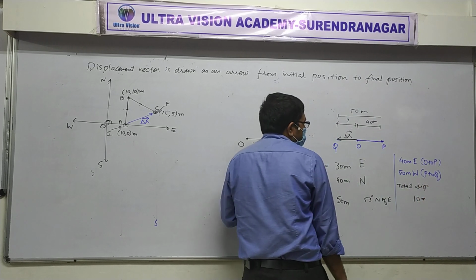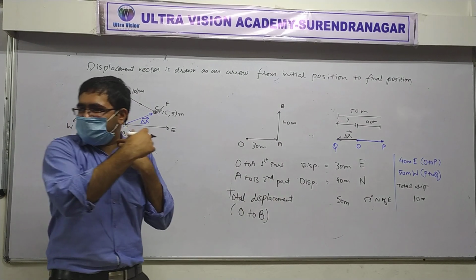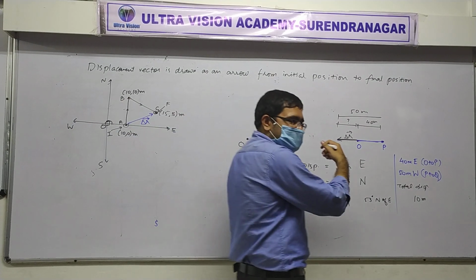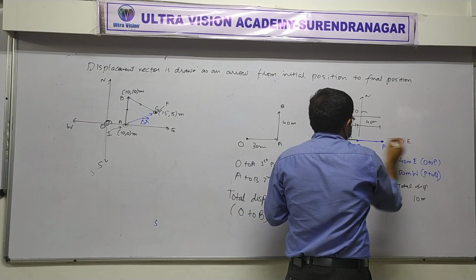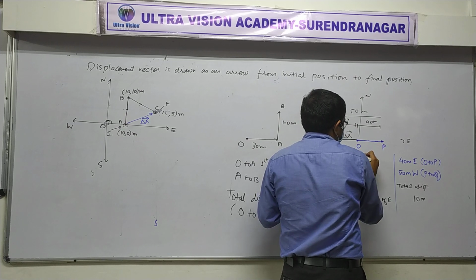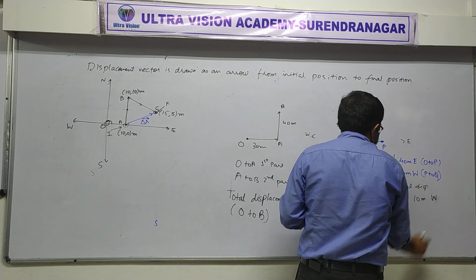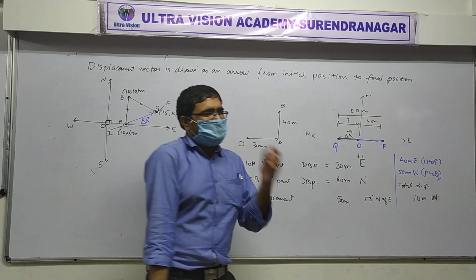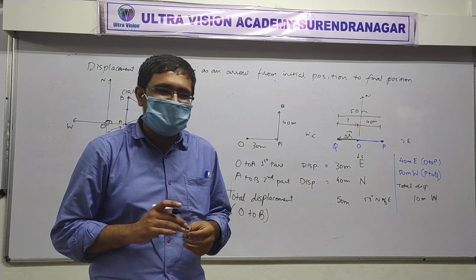And in which direction? Left. West. Yes or no? Left side is west, of course. North, upper east, west, and south. So 10 meter towards the west. Okay, one thing, didn't you add the displacement?